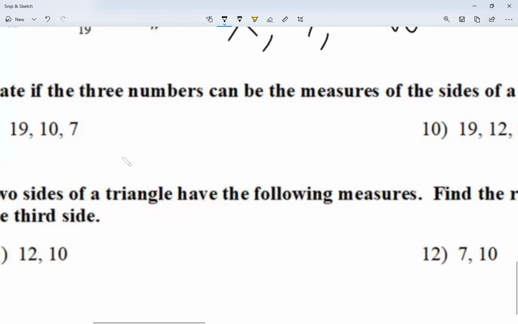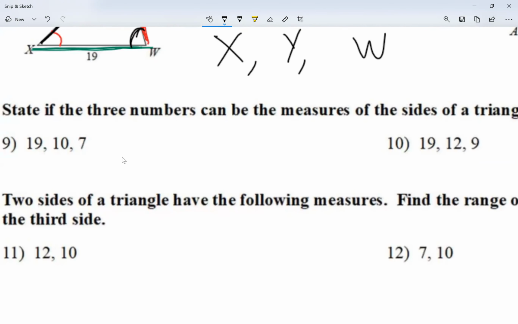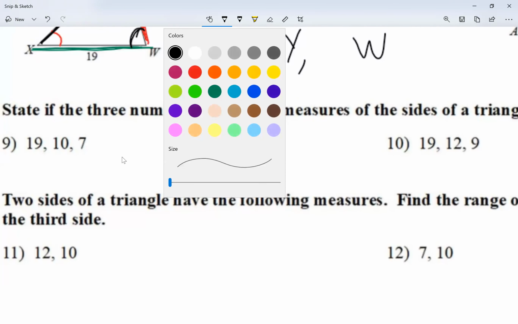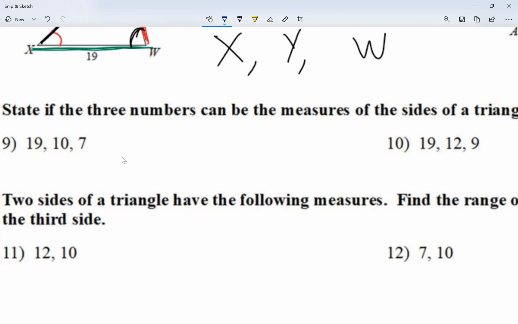Now, let me show you 3 examples, okay? Before I look at questions 9 and 10, I'm going to tell you guys what the difference is, but for that, let me use 3 examples. Let's say the biggest side is 10. One of the smaller sides is 3 and then another small side is 5.